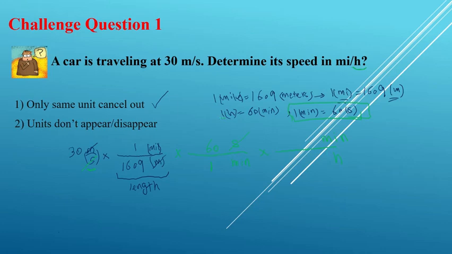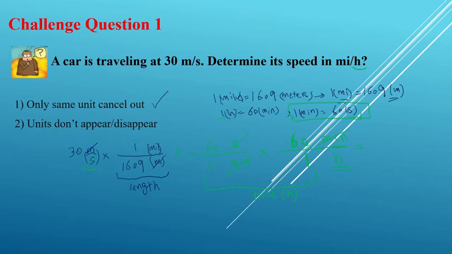So 1 hour is equal to 60 minutes, right? So now minutes and minutes cancel out and I have hours. This is for converting time to hours, correct?